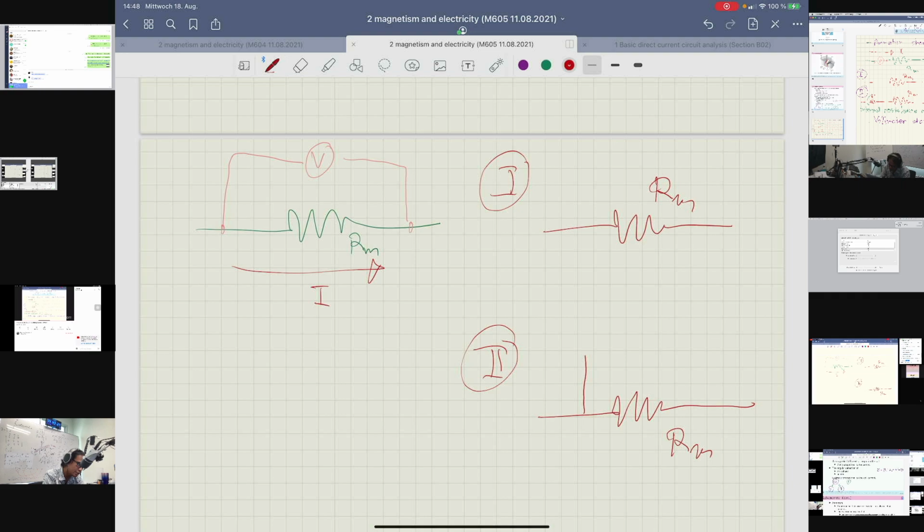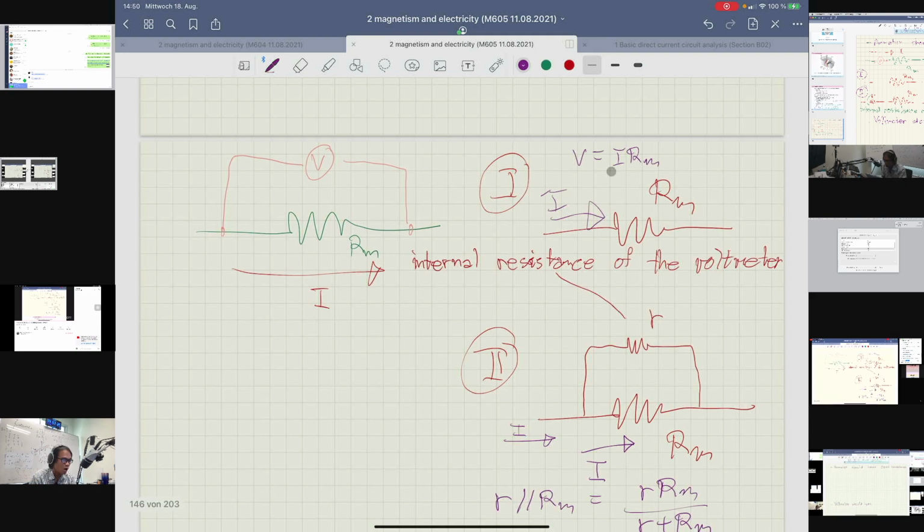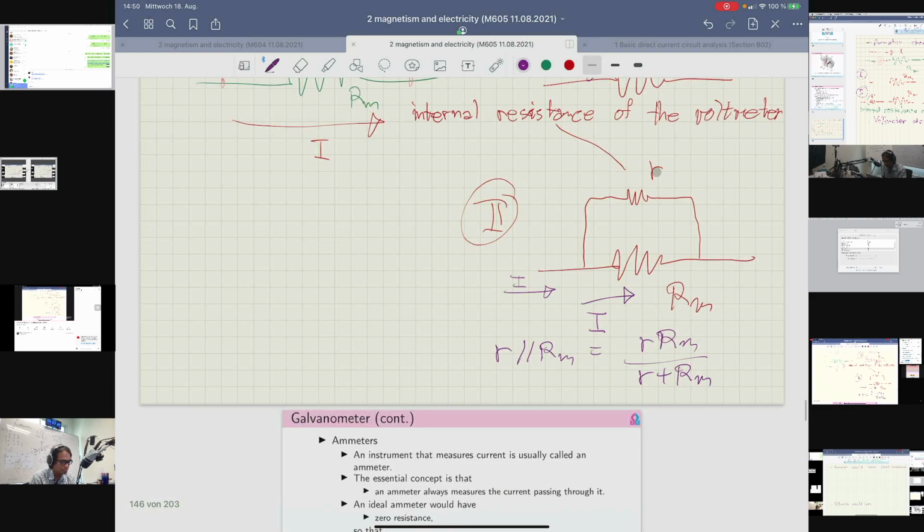All right, and you would find that in this case you have the current, let's say this is I. At the original position right here you have I times r Rm divided by r plus Rm, right? So it's not the original value I Rm. It's not plain like that.